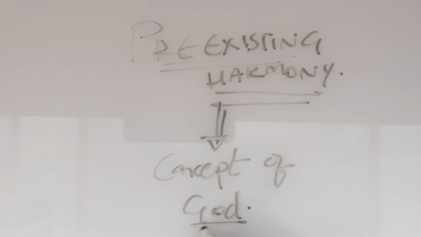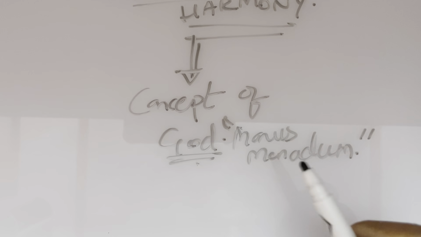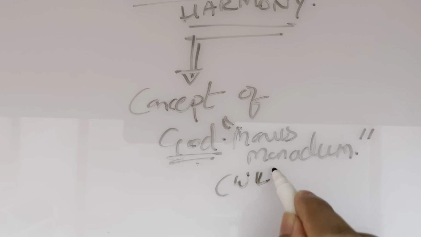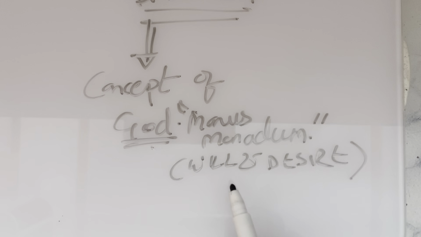Concept of God, we have seen God to be the highest type of monad, monus monadum. Therefore, every action of God is dictated by will and desire, purely by will and desire and no impulsion.